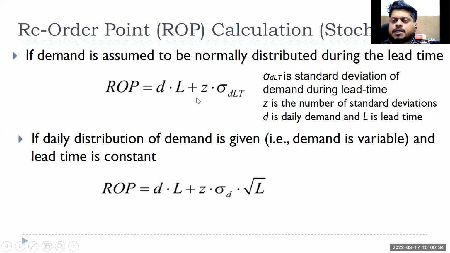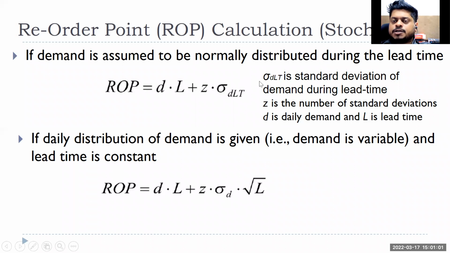Always remember there is a plus sign, because we always try to keep extra inventory, as I am trying to maintain the customer service level. In a confidence interval, generally the plus-minus symbol is there, and we put a range. But when calculating the reorder point, we assume we keep some additional inventory for the differences.